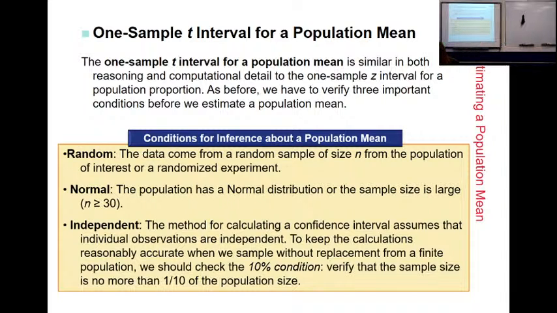And usually, we're not going to know what the population standard deviation is. It will usually be given to you, or you'll get a list of numbers, and you can do one variable stats to find it very quickly.